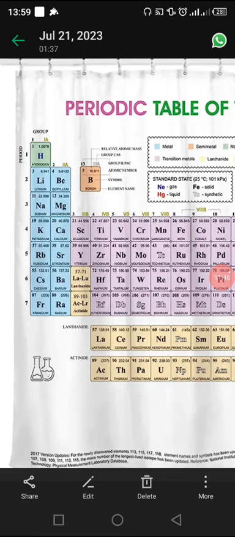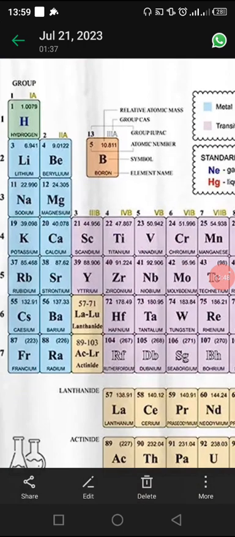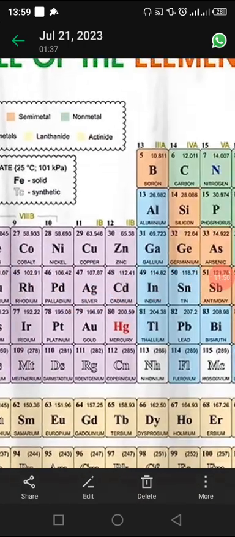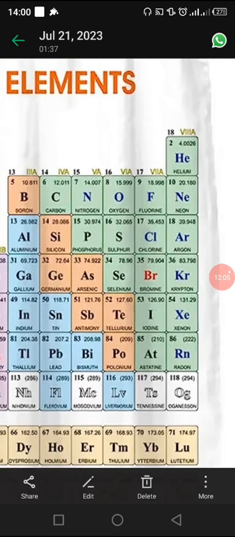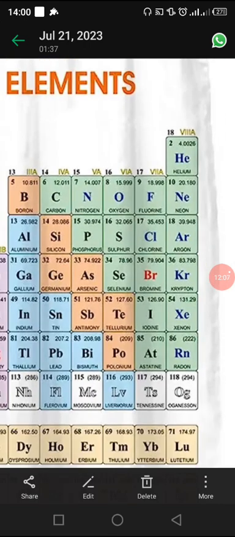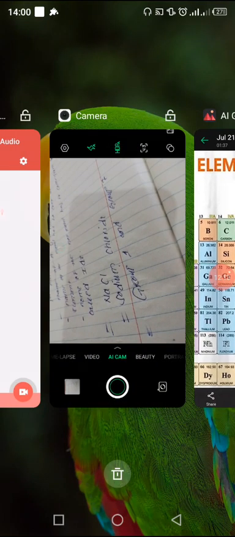So if I get sodium in group 1, and I also get fluorine, fluorine is in group 7, with the chemical symbol F, right? Now watch what's going to happen here.